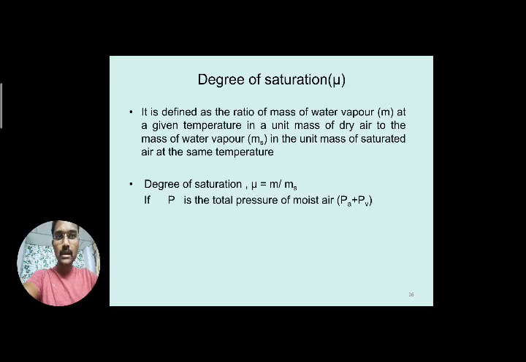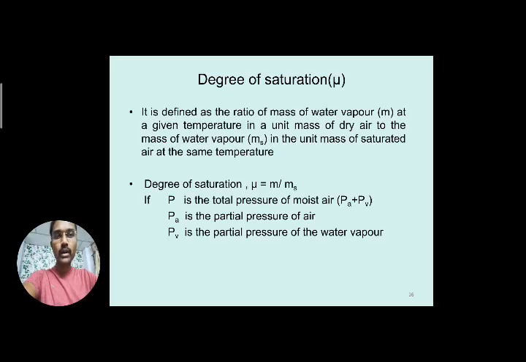It is the mass of water vapor in the two cases, that is, in a mass of dry air and in a mass of saturated air. If P is the total pressure of moist air, which is equal to PA plus PV, where PA is the partial pressure of air and PV is the partial pressure of water vapor.